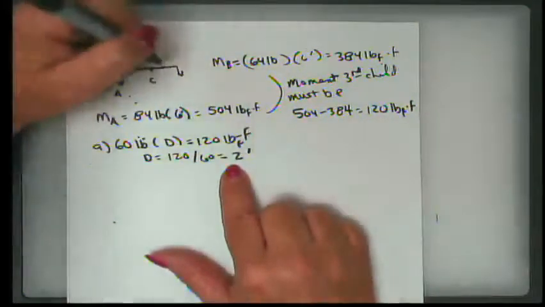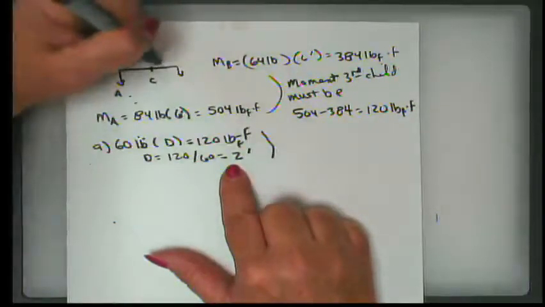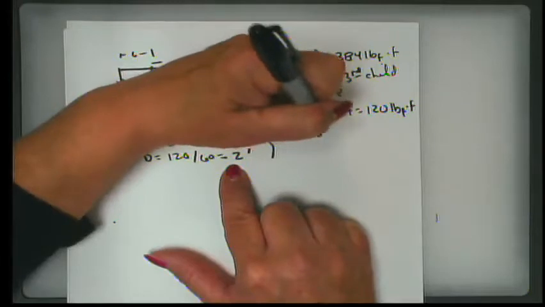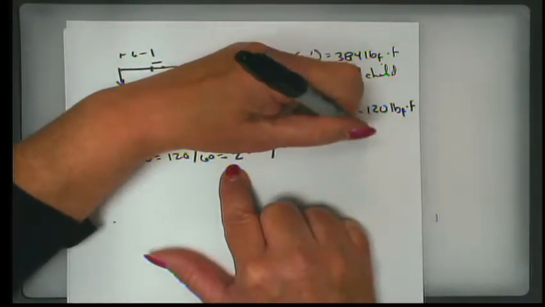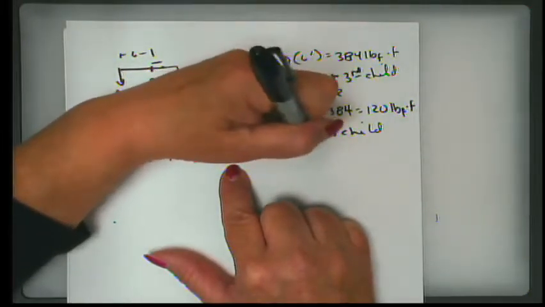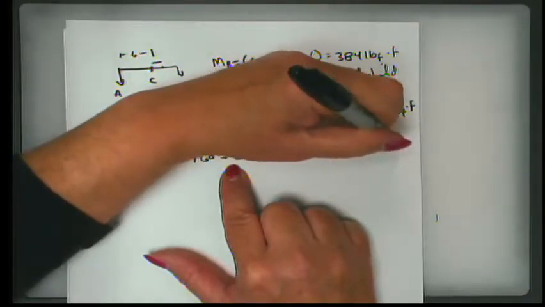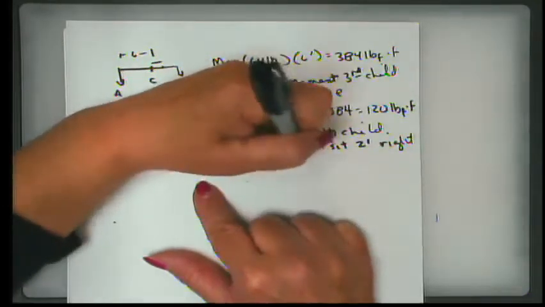All right, so that means that in this case, to produce that kind of a moment, in case A, a 60-pound child must sit 2 feet to the right of point C.